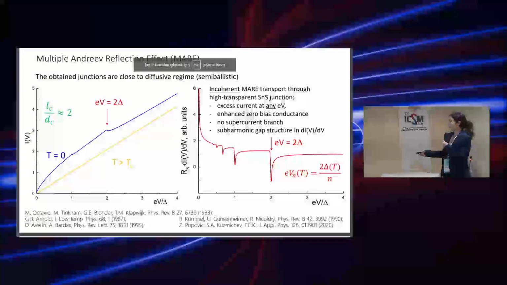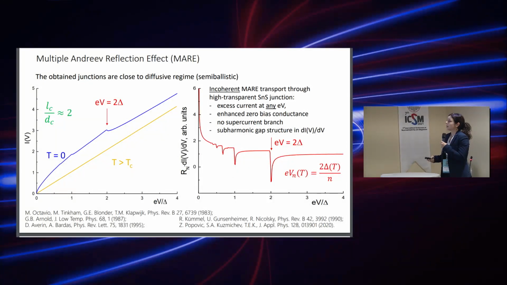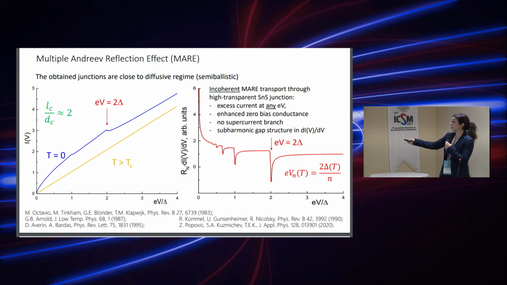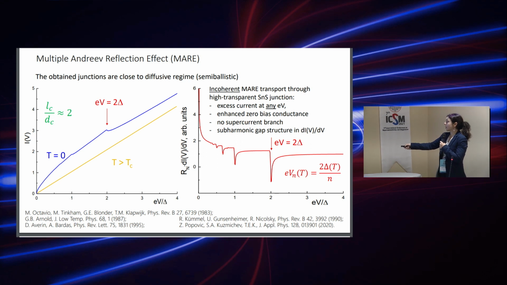Several theoretical models describe this MAR effect, and if we simulate the IV curve and its derivative, the dI/dV spectrum, for a semi-ballistic junction with the inelastic scattering length to contact dimension ratio about 2, we could see an excess current at the low bias voltage range, the absence of the Josephson supercurrent branch, an enhanced zero bias conductance, and a subharmonic gap structure, the series of dynamic conductance dips at certain positions, eV, that are directly determined by the superconducting gap delta, at any temperature from 0 to Tc.